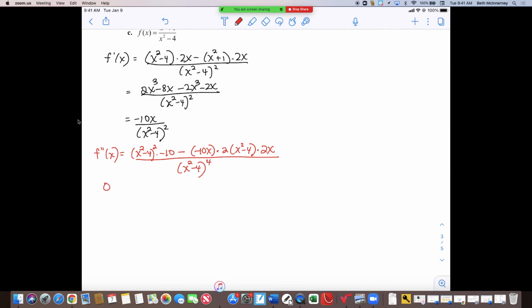All right, so eventually I'm going to set this equal to 0. So let's go negative 10 times (x squared minus 4) squared. Then I have a negative negative, so that's a plus. So I'm getting 40x squared. Whoa, okay, let me try and keep this straight. Then that'll be a minus. Is that 160?